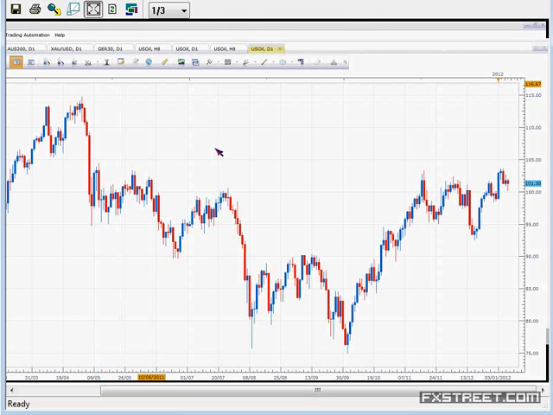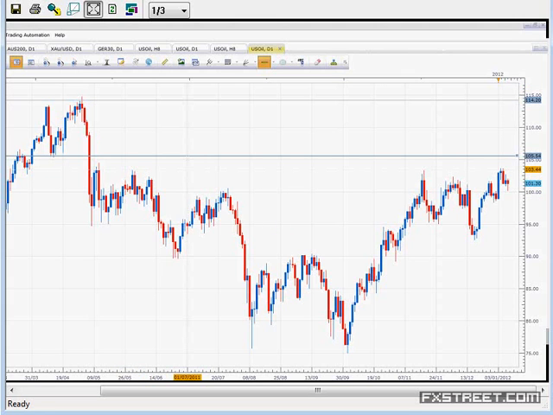Let's draw some zones on the oil chart, and then we'll go back to the Aussie dollar. This is FXCM. Okay, so where do I draw my support and resistance zones? Well, there's one up there at a high. There's going to be one right about here. Why do I draw one here? Because I've got support and resistance on this zone here.